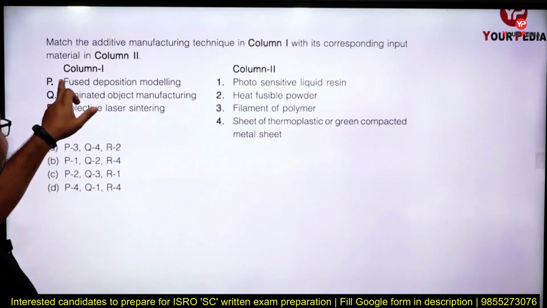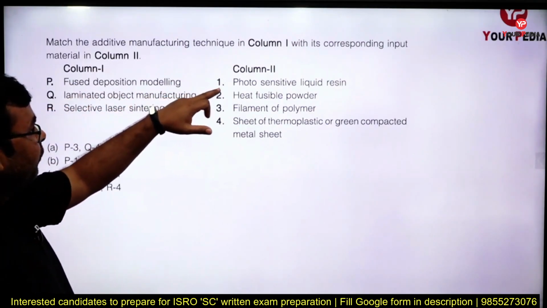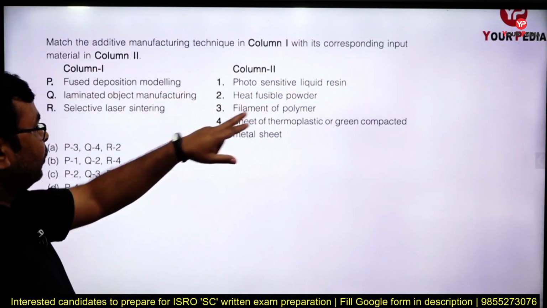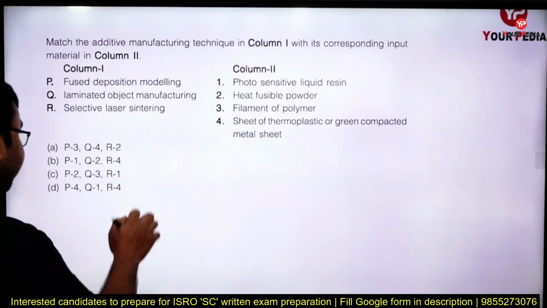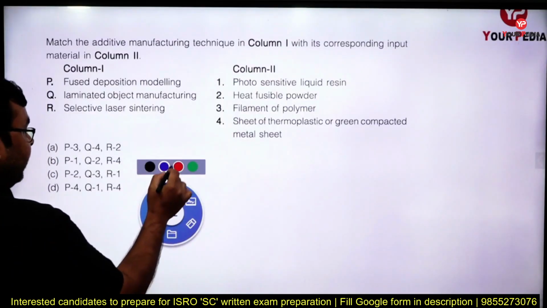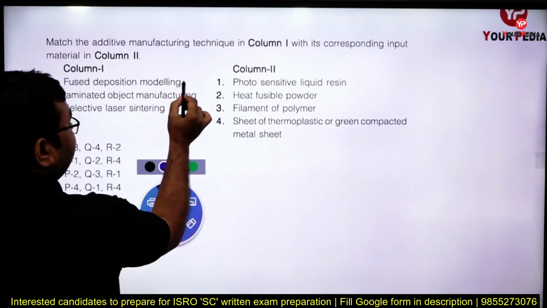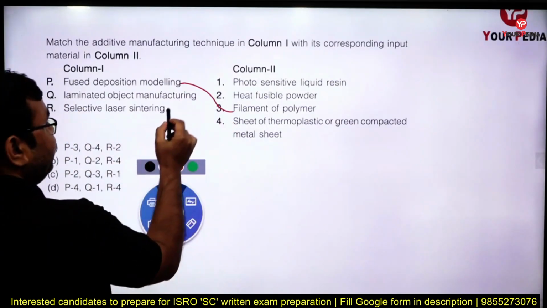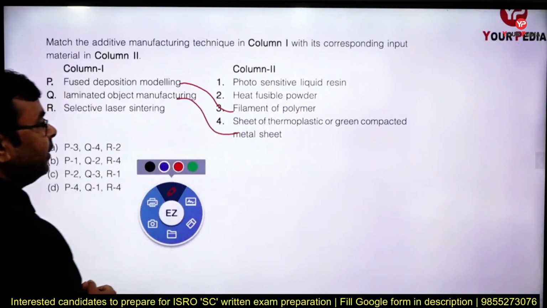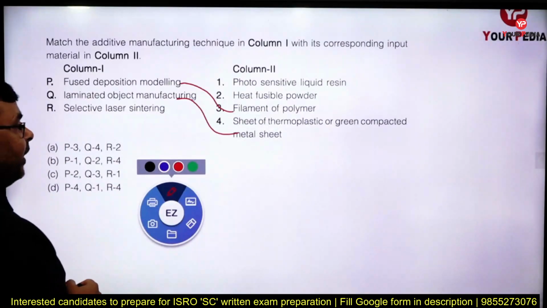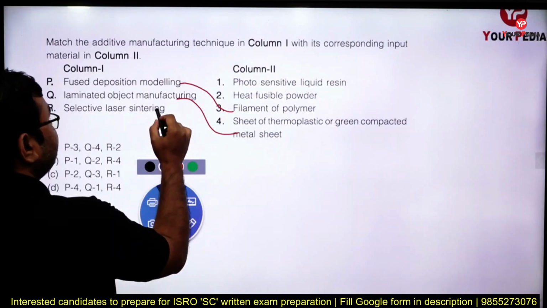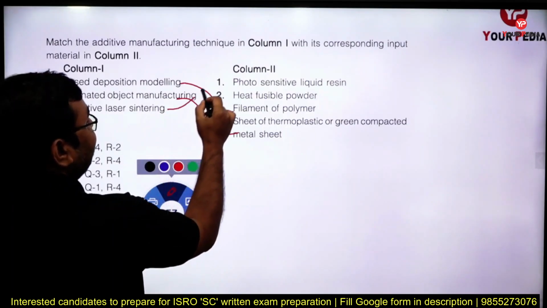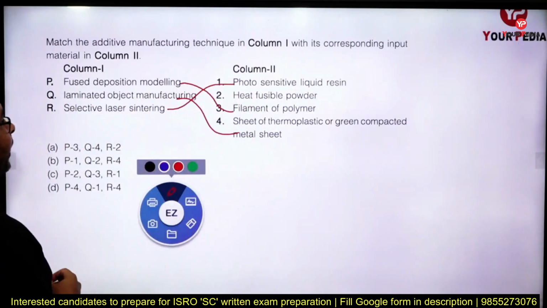The options are photosensitive liquid resin, heat fusion powder, filament of polymer. Obviously fused deposition modeling uses filament of polymers, laminated object manufacturing uses sheet of thermoplastic or green compacted metal sheet.